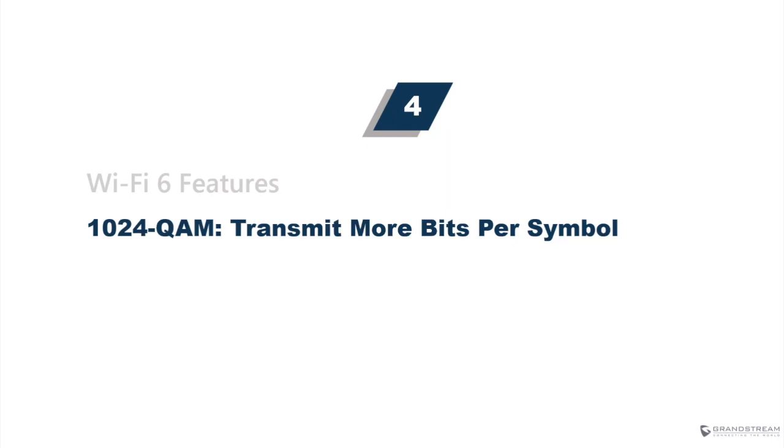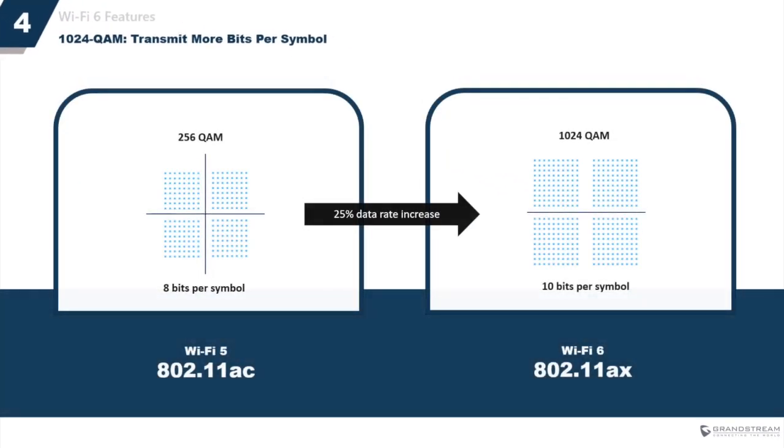In addition, Wi-Fi 6 introduced 1024 QAM, which is a highly developed modulation scheme designed to increase the data rate between access point and wireless client. So while 256 QAM modulation in 802.11ac carries 8 bits per symbol, 1024 QAM in Wi-Fi 6 carries 10 bits of data per symbol, which increases data rate by 25%, and it achieves this by including more data in each transmission.